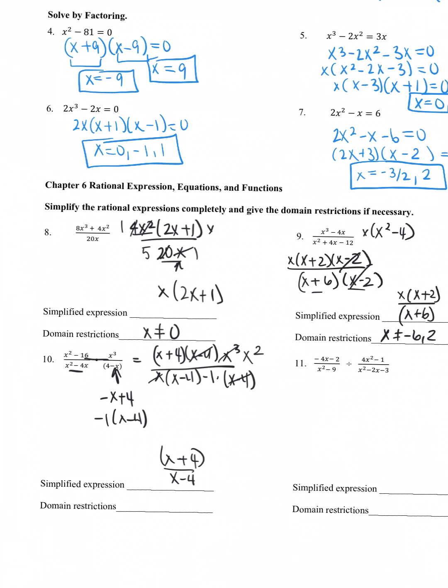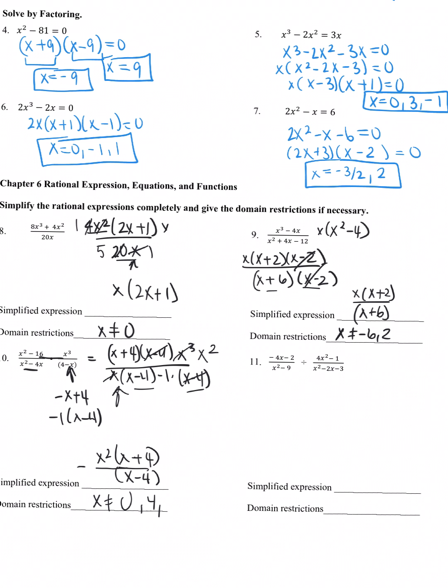And I still have an x squared up here, and that's a quantity. And the whole thing is a negative that I can just pull out in the front. Domain restrictions: x cannot be equal to 0 from this, 4, and that's it, because that's the same as that. Those are my two domain restrictions.